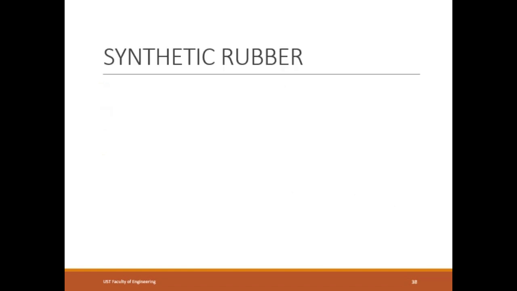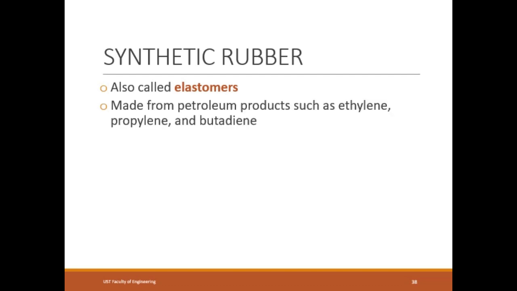Second, we have synthetic rubber. Now, this is different from the vulcanized natural rubber because here, the raw materials are completely synthetic. Synthetic rubbers are called elastomers, which are made from petroleum products such as ethylene, propylene, and butadiene.